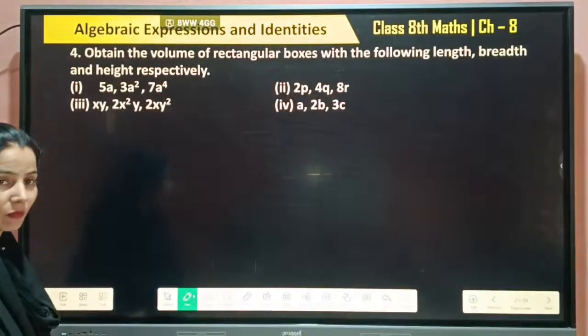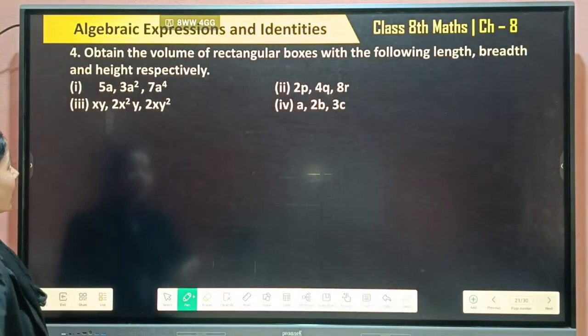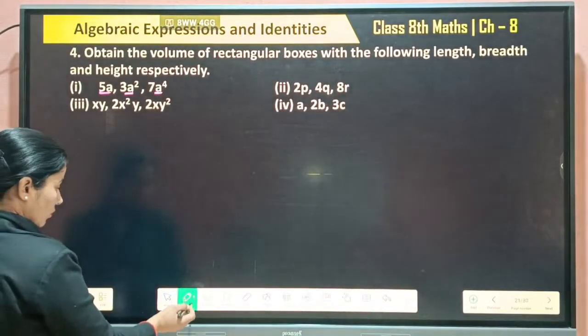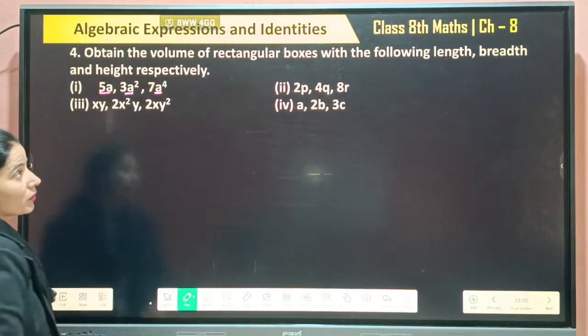Obtain the volume of rectangular box with the following length, breadth and height respectively. This is length, this is breadth and this is height. So we have to find out its volume.